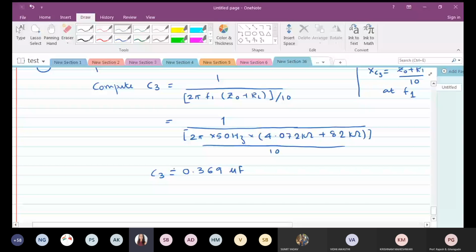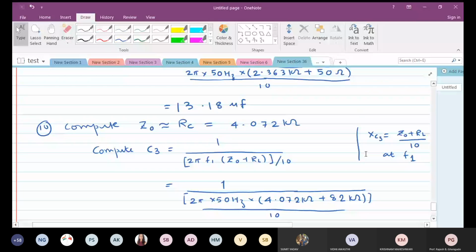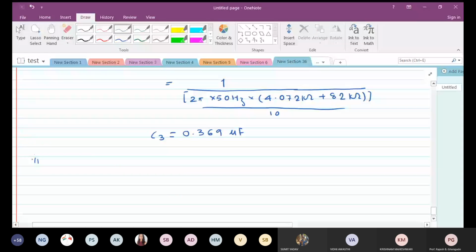The last step is to compute C4. And what did I say about C4? What was the condition for C4? XC4 is equal to RC parallel to RL at F2. At F2. Yeah, this is where it is different.